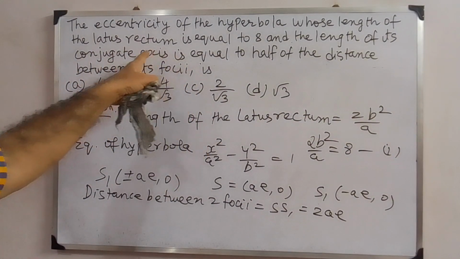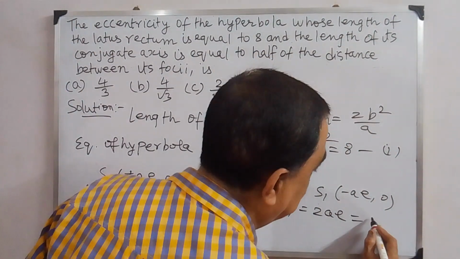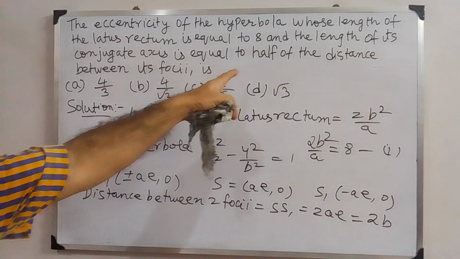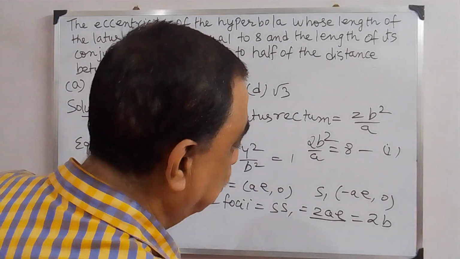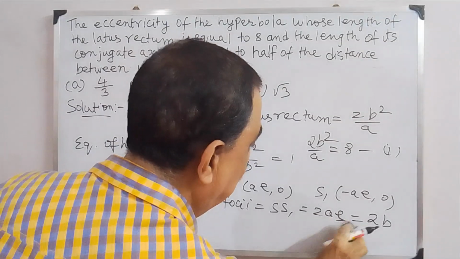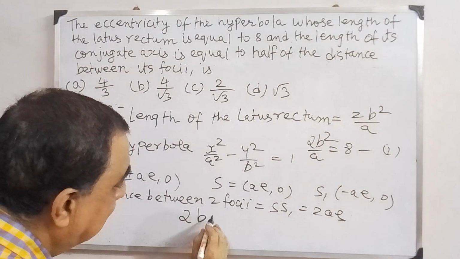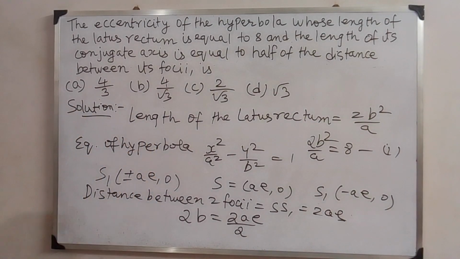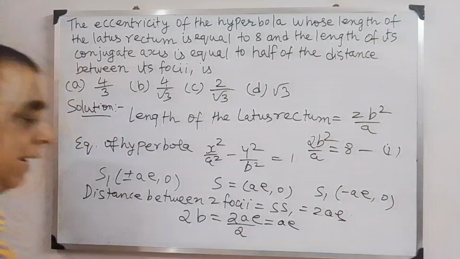And the question is saying that the length of the conjugate axis, which is 2b, is equal to half the distance between the two foci. So you have to divide the distance between two foci by 2: 2ae by 2, which is equal to ae.